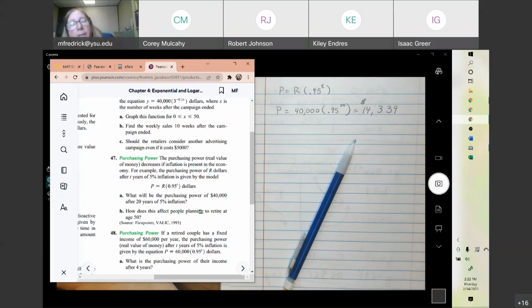But in this case, it lost its value very quickly. Are there any questions on that? Is everyone okay plugging it in? Okay.